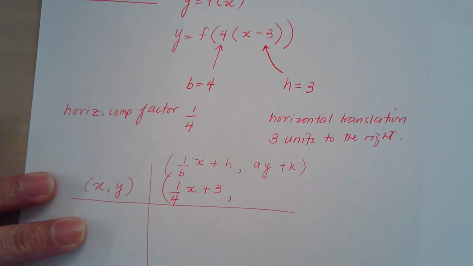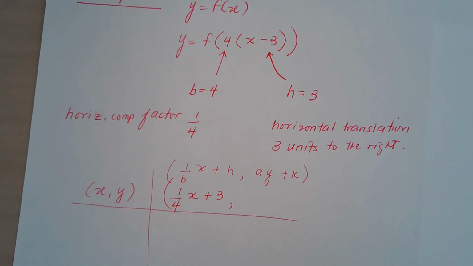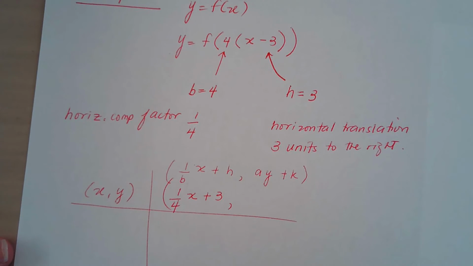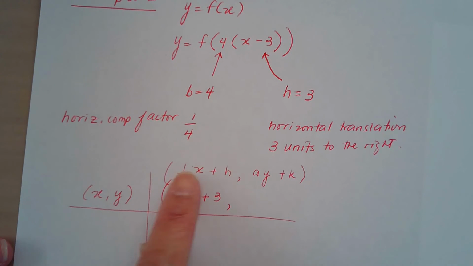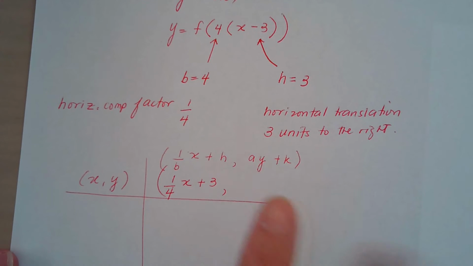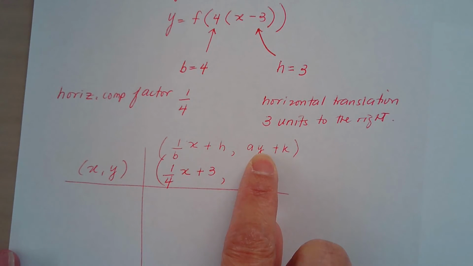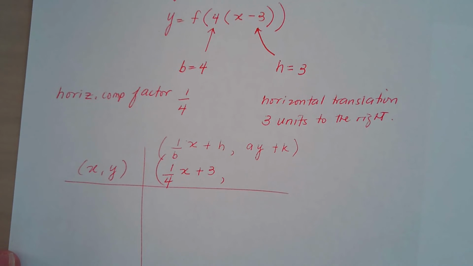Is the first one minus h? X plus h. Plus h. It's minus in the equation, but in the mapping it's plus. Okay? And then a times y. So if it was x minus 3 inside the equation, then you would put x plus minus 3.